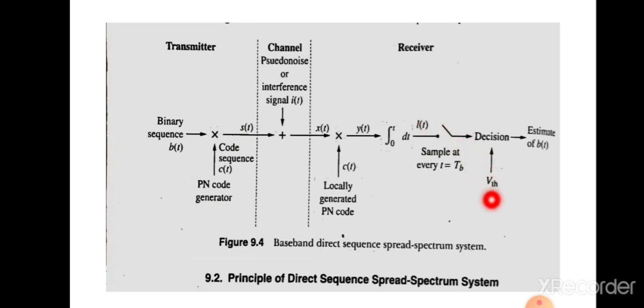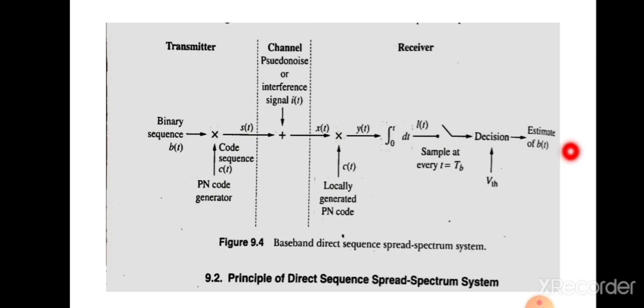Whenever L of TB is greater than 0, the detected waveform will be positive 1, that means a plus symbol will be detected. And if it is less than VTH, or less than 0, the output symbol will be a negative voltage or negative pulse. So this is the way we detect the signal in direct sequence spread spectrum.